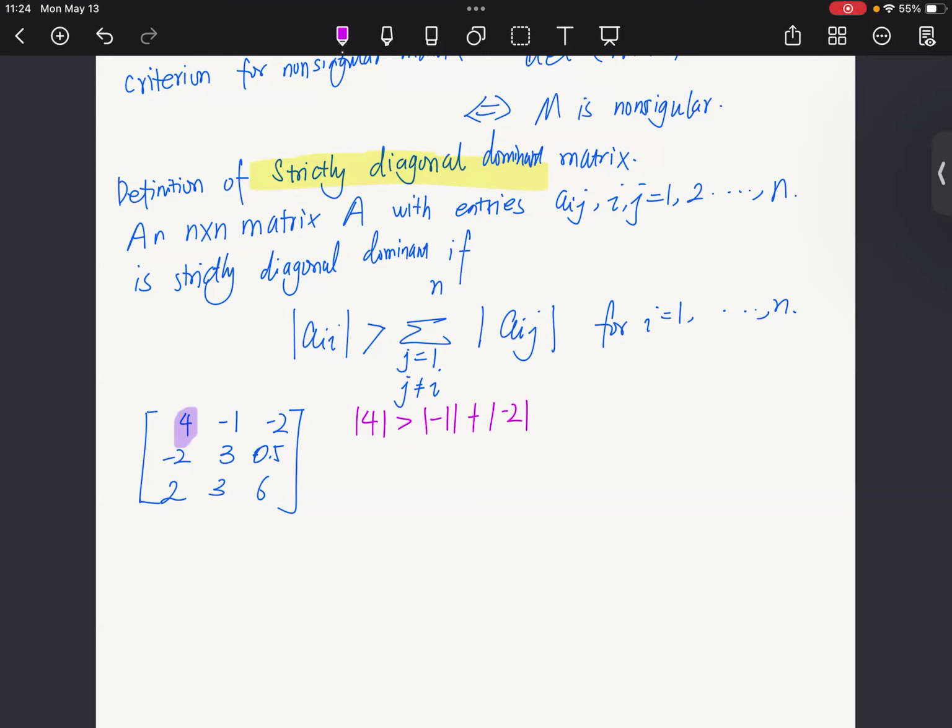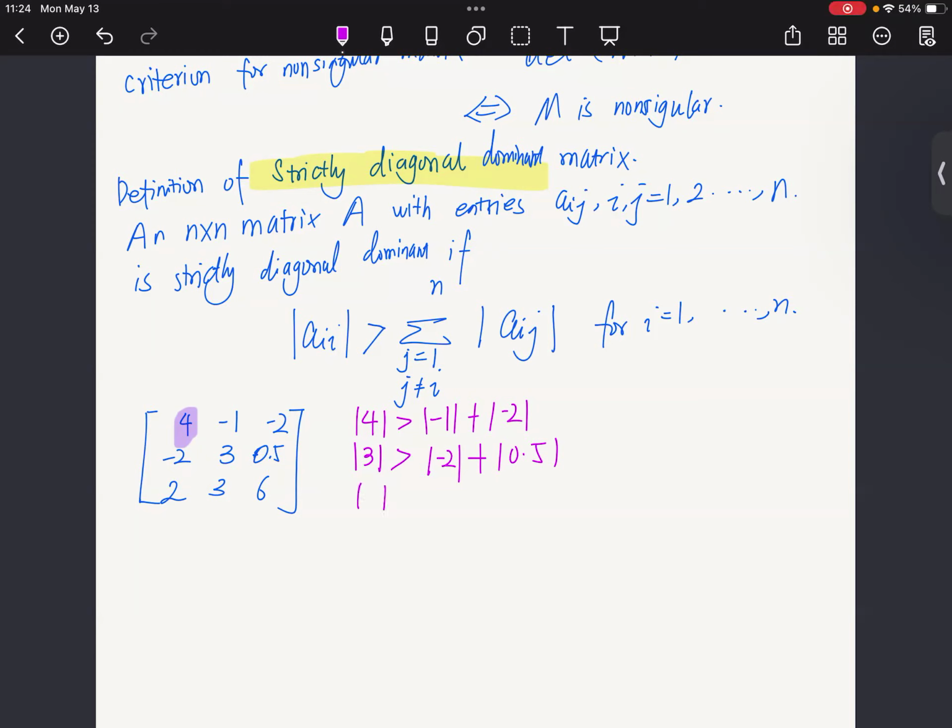You check this, and it actually holds. The diagonal element is bigger than the sum of the rest of the elements in the same row, with the absolute sign. For the second row, we try the same thing. This is the diagonal element, and we take the sum of the absolute values of the rest of the elements. And this is strictly bigger than the right-hand side.